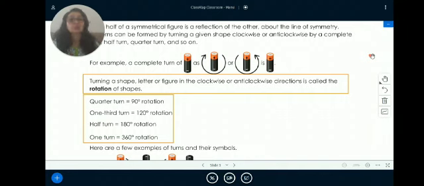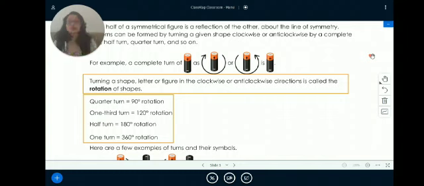Quarter is 1/4 and 3/4 is 3/4. So let's see. This is a quarter turn, that is 90 degrees. This will be half turn, that is 180 degrees. This will be 3/4 turn and this will be the full circle rotation or one complete turn.